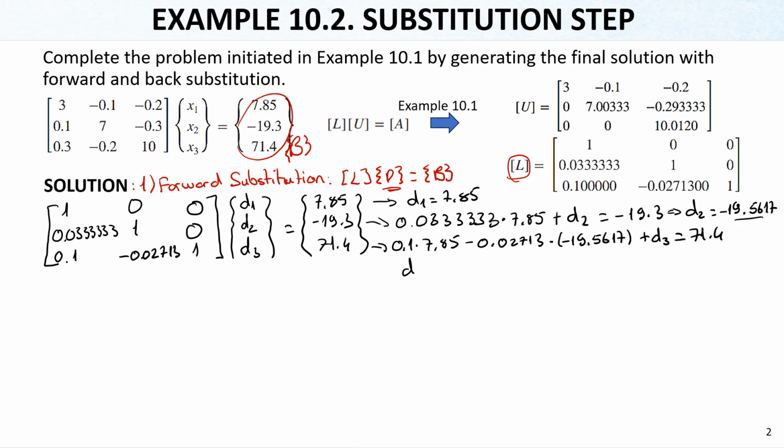Then from here D3 is 7.0843. This way we already found the D values.